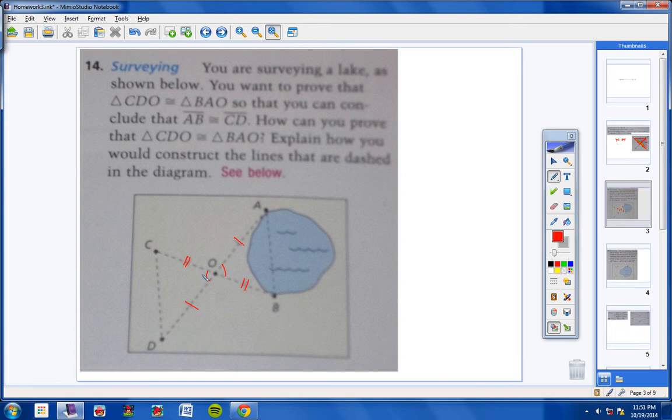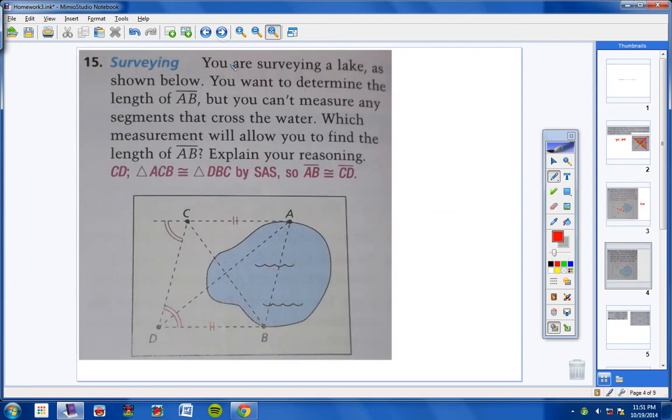Well, we know that vertical angles are congruent, so it's really quite simple. We have side angle side of this triangle here congruent to side angle side of this triangle over here. So the way that we would state that these two triangles are congruent would be side angle side. Okay? All right, moving on to number 15.